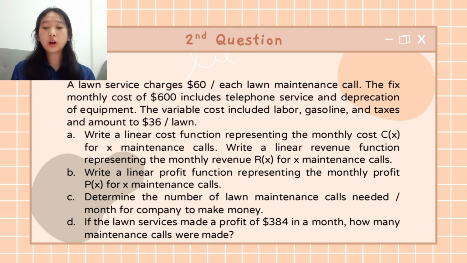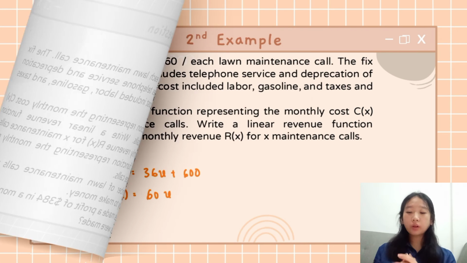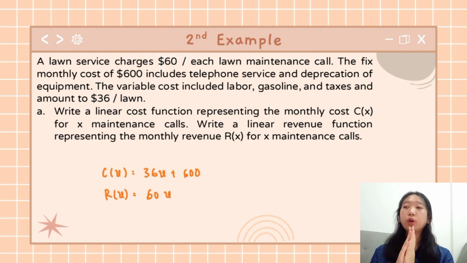For the first question, write down the linear cost function representing the monthly cost, C of X for X maintenance calls, and write the linear revenue function representing the monthly revenue R of X for X maintenance calls. So C of X equals 36X, the variable cost, which is the price to produce per unit times the units produced, plus 600, the fixed cost.